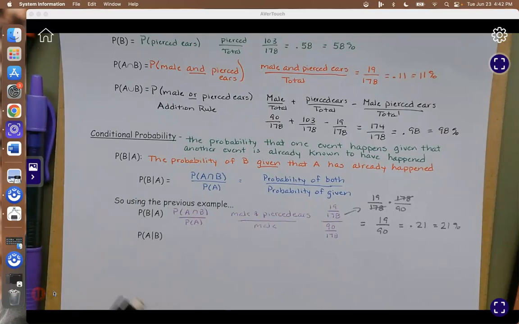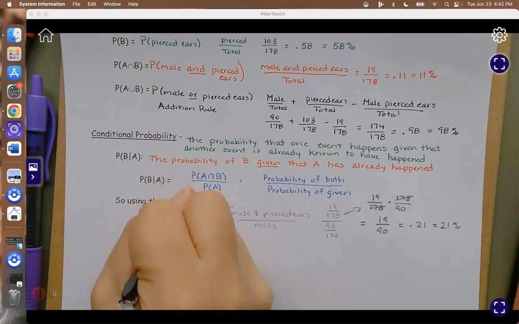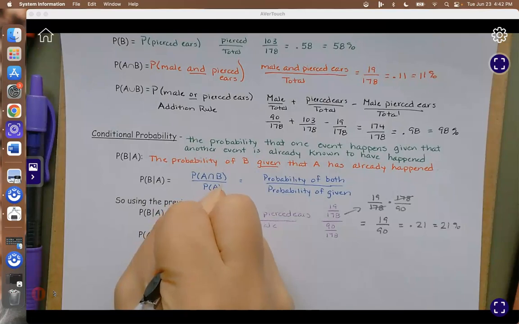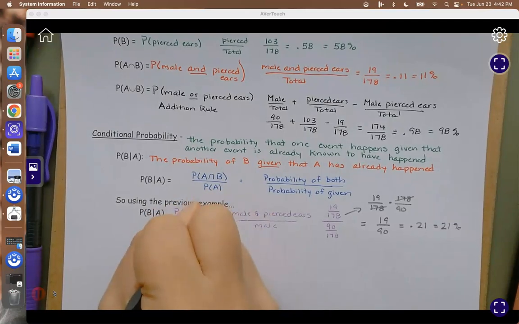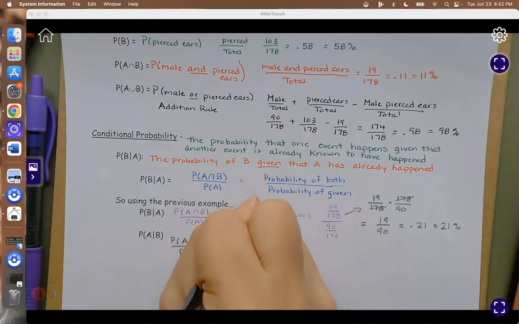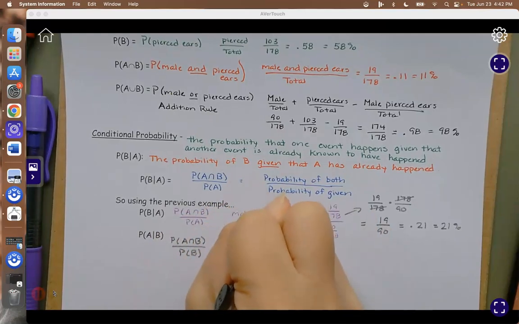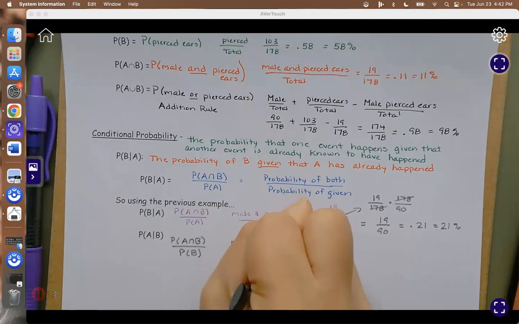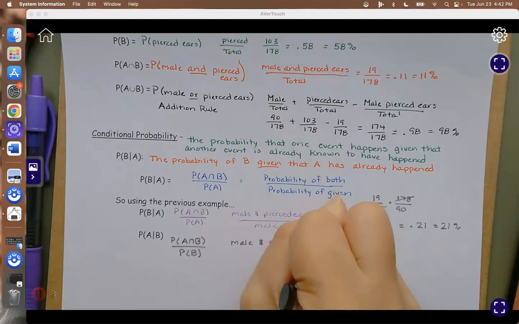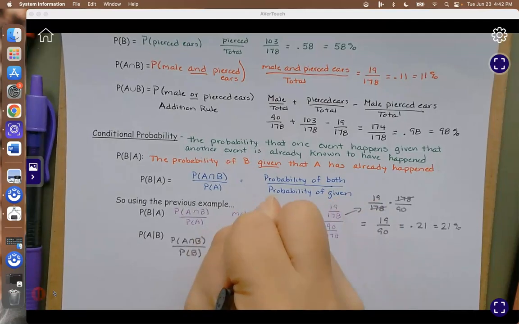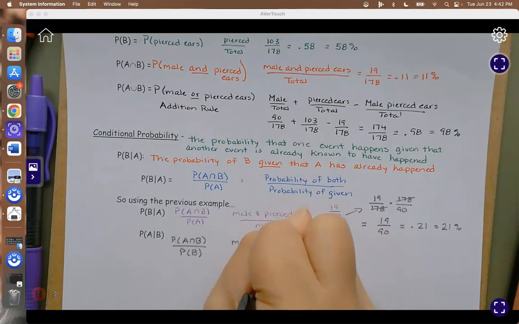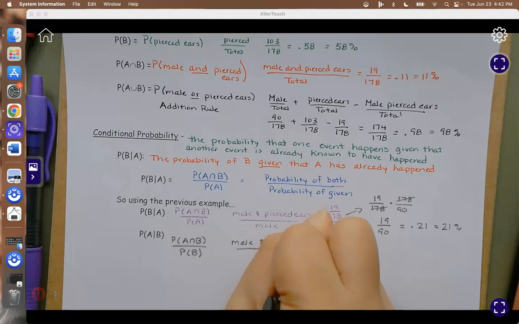Now, this one says the probability of A given B. So this is probability of A and B over the probability of B. So this is going to be male and pierced ears over pierced ears.